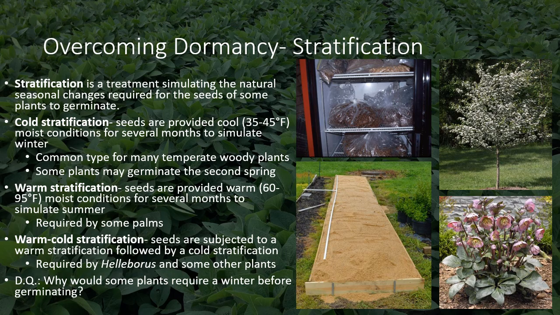And 32 degrees is not a very effective stratification temperature because if the temperature is below freezing, water is solid, and the cells within the seed can't do anything. They can't take up any water. It's hard for metabolic processes to occur because the water is solid. So 35 to 45 degrees is an optimal stratification temperature range, which is easily achievable with most household refrigerators.